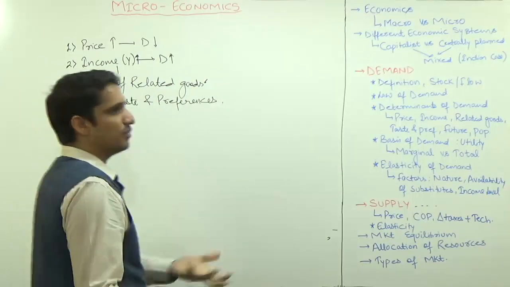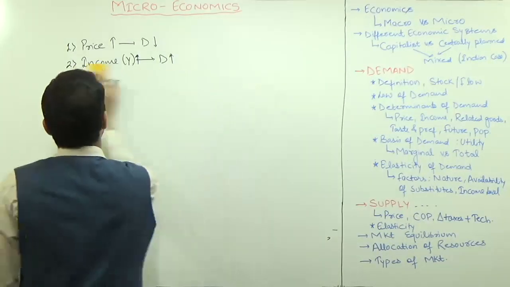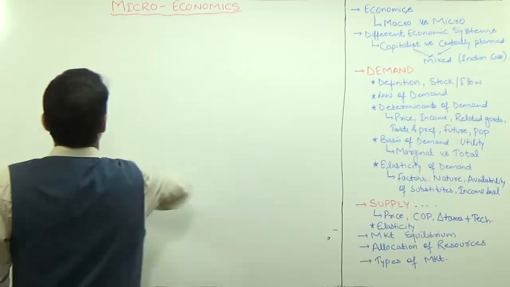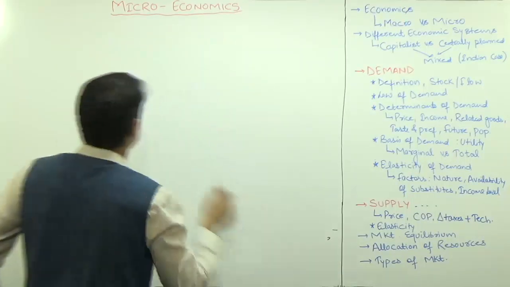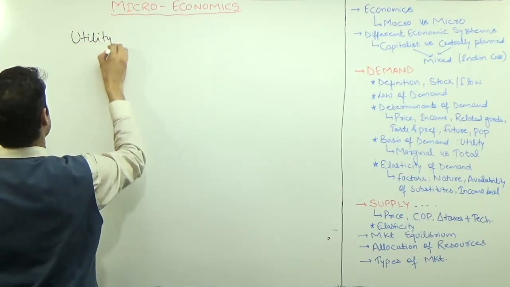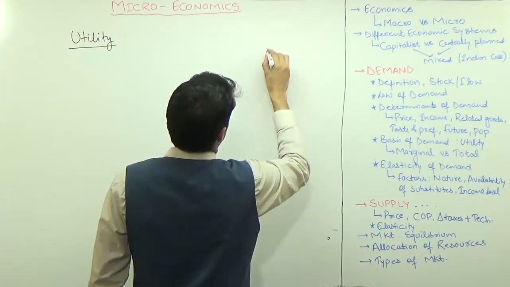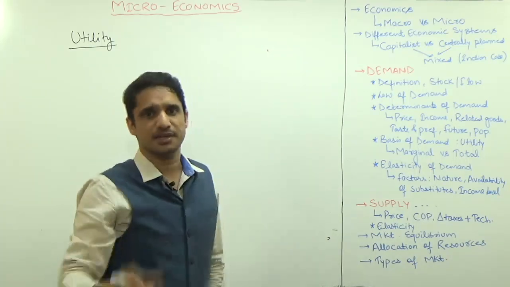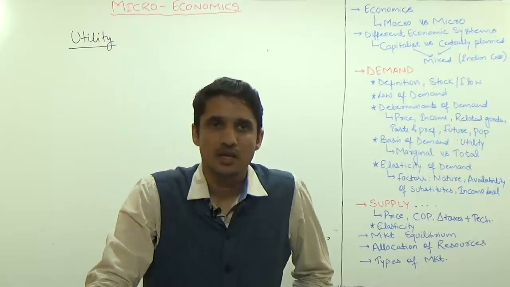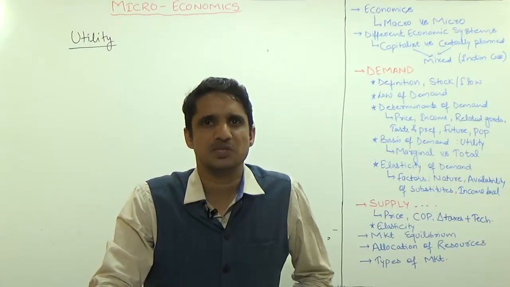So it is not only the willingness and ableness, it is also related to the utility. So what is utility? There is a difference between personality and character. You can say the personality of this person is good, but the character of this person is not that good.